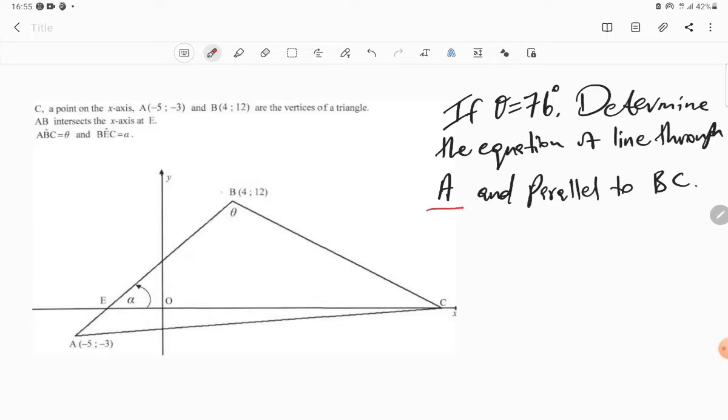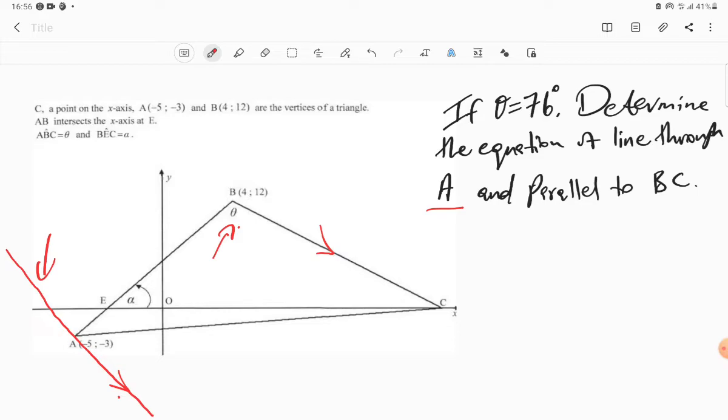The line that is parallel to BC has to slant this way because they have to have the same slope. So this line is now parallel to BC. Now what are you looking for? You're looking for the equation of this line. And it is given that this is 76 degrees. We don't know where it is going to help us, but we know for sure that somehow we are getting there. Now, what do we do?